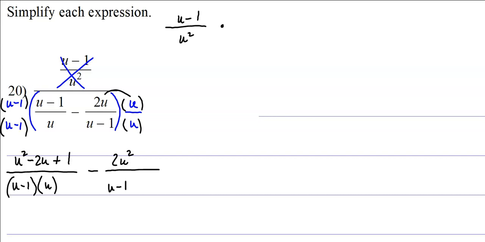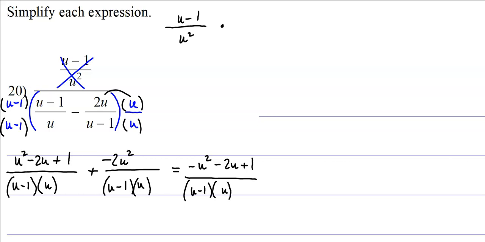And then I got a u minus 1 times a u. And when I do the top, I got to make that a negative. So combining like terms, this whole blue part is actually negative u squared minus 2u plus 1 over this thing. So that represented this bottom piece, which is just a fraction now.